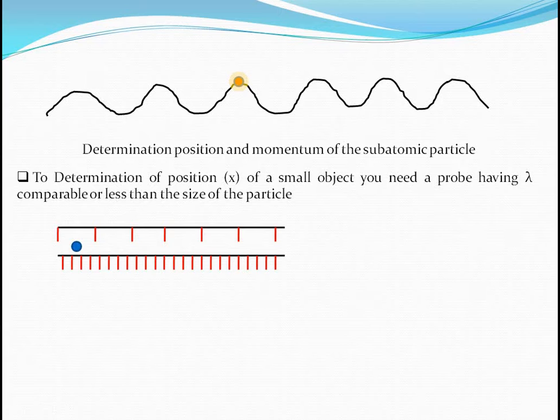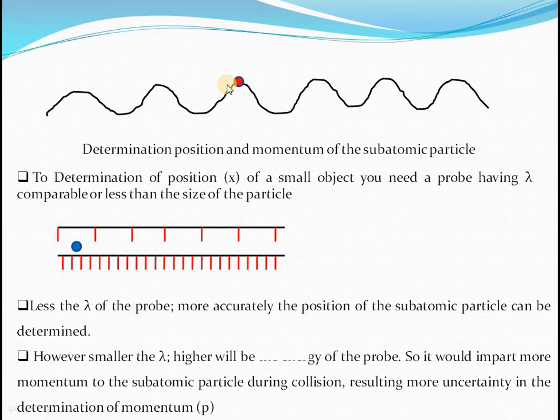So okay, you are using a probe having very small wavelength to determine its position, but there is another associated problem with it. According to Einstein's equation, there is a relationship between the wavelength of electromagnetic radiation and its energy: E is equal to hc by lambda.